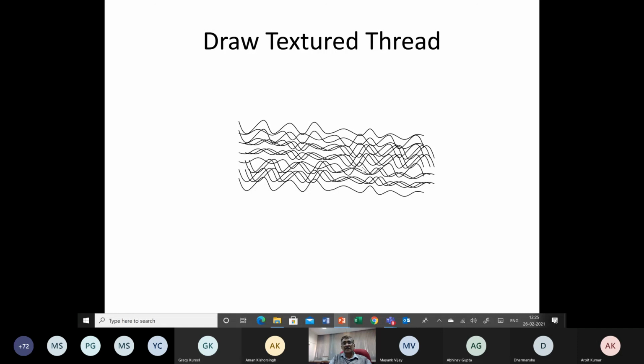When it is given a false twist, it is given at a temperature above the glass transition temperature. For example, if you are making polyester draw textured yarn, while twisting you have to give a heat of 80 degrees and above, because the glass transition temperature of polyester is 80 degrees.